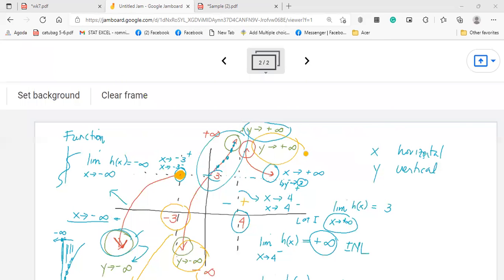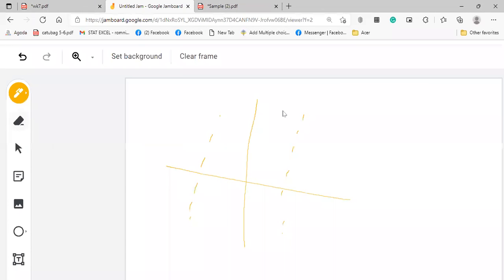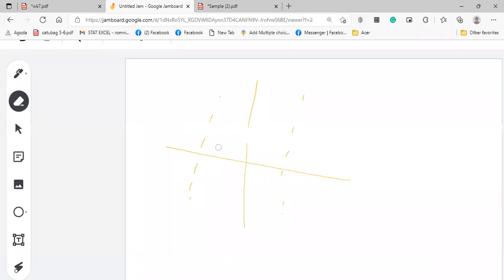Gawa ako ng graph, tingnan natin. Masagutan nyo to. Ay, ang pangit naman. Okay, bear with the illustration. Wait, baguhin ko. Very sensitive kasi itong ginagamit kong writing pad.